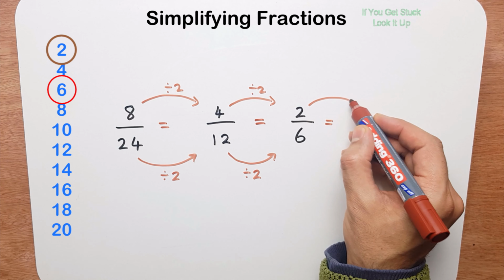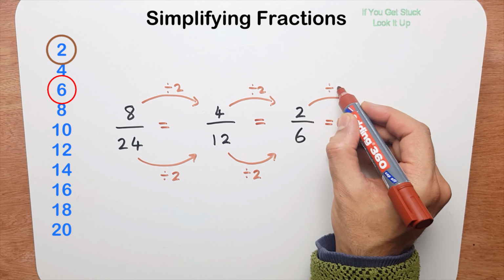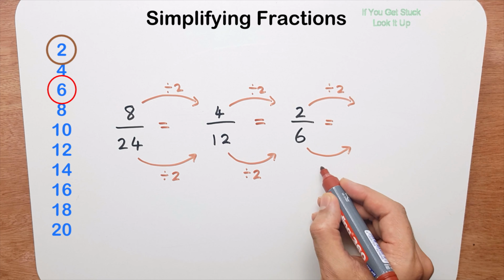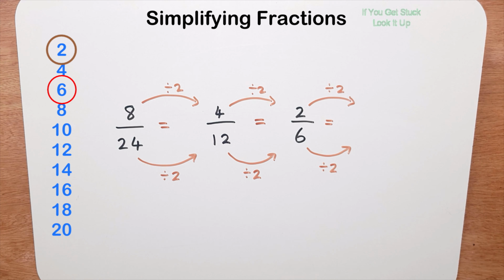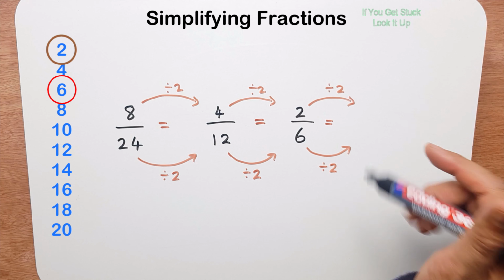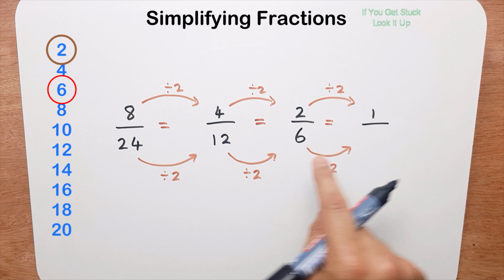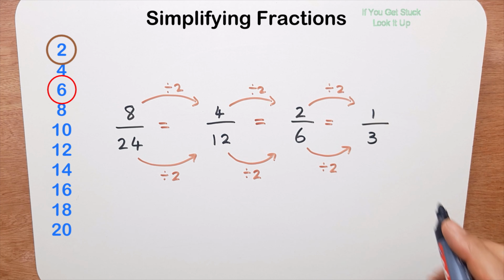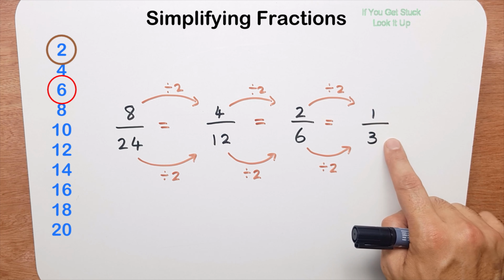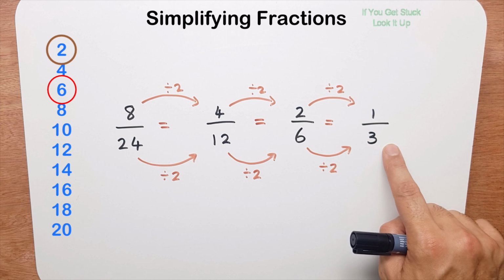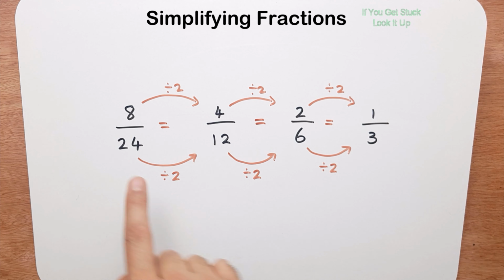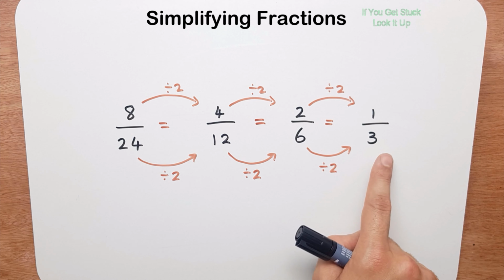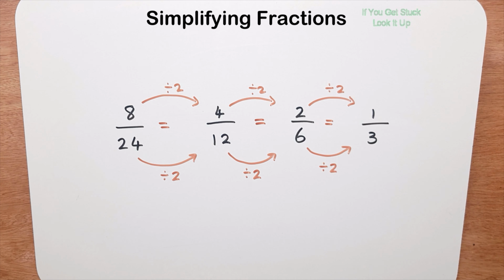So I'm going to divide the top number by 2, and whatever I do to the top number I have to do to the bottom number. 2 divided by 2 is 1. 6 divided by 2 is 3. So now I've got 1/3, and that can't be simplified any further. So I can say 8 24ths has been simplified to 1/3.